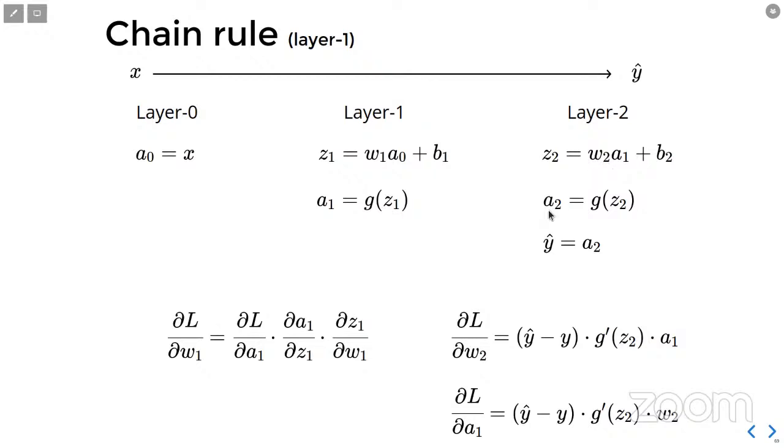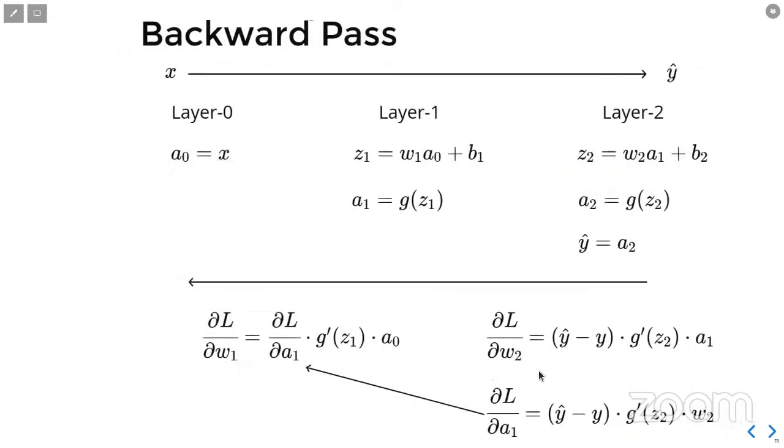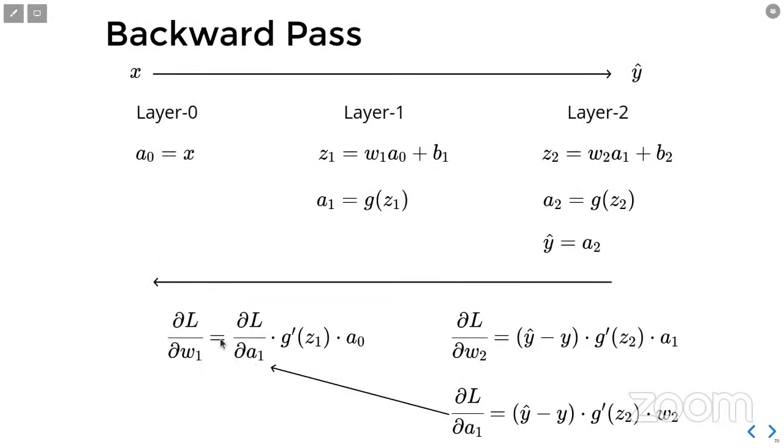Dou L by dou A2 is nothing but y hat minus y. Then dou A2 by dou Z2 is g dash of Z2. Dou Z2 by dou A1 is W2. The whole idea is that you make use of this in the next iteration when you're computing the gradient with respect to W1.